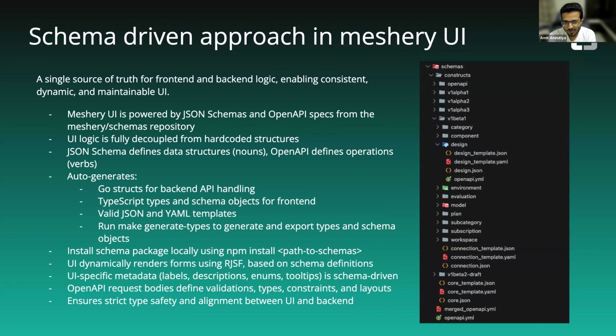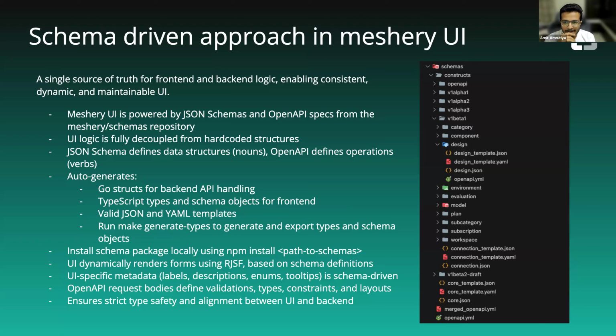We have to know only two things: how we are able to code in JSON, and how we are going to change the JSON schema and the OpenAPI YAML files. So we require two kinds of knowledge, how to contribute to JSON and how to contribute to YAML, and we are good to go with contributing to the schemas.